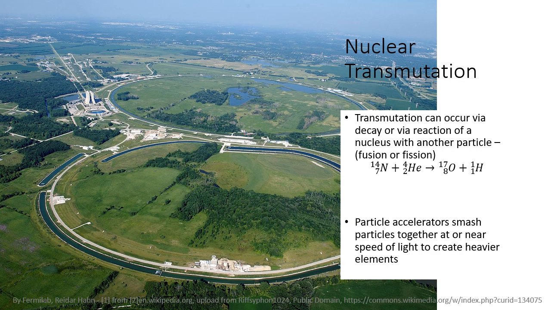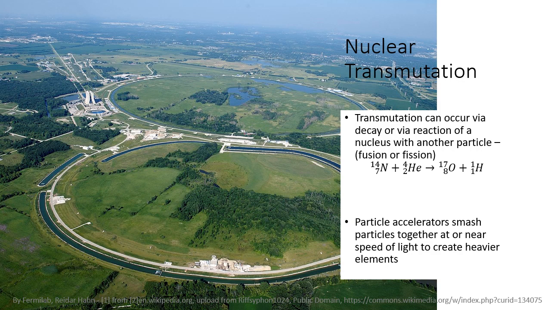Nowadays, we've made a bunch of elements using particle accelerators. In a particle accelerator, you smash atoms and particles together at or near the speed of light to create heavier elements. So we're talking a lot of energy. On the left there is a picture of Fermilab. It's been decommissioned, but it was a particle accelerator outside of Chicago.